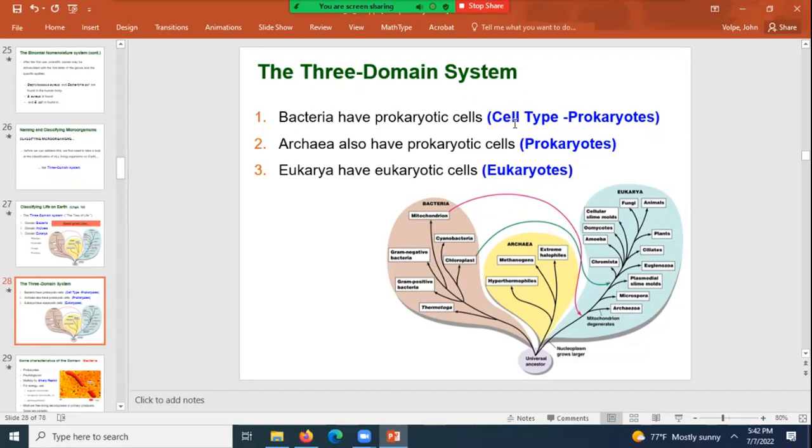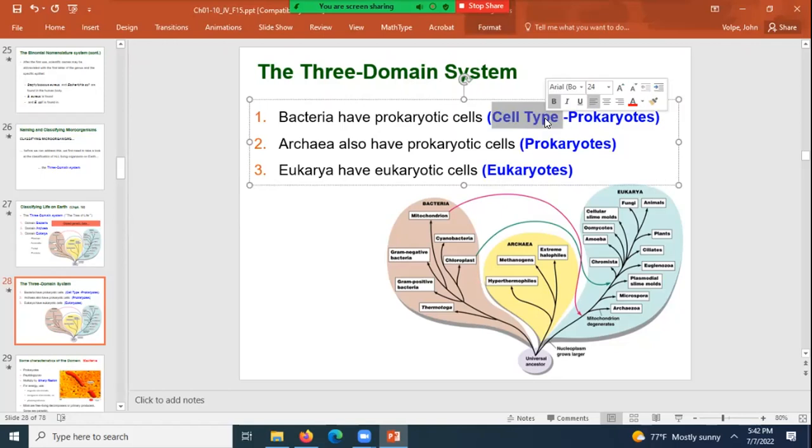Now, the cell type may be called the superkingdom. And the superkingdom is another way that people group organisms. So you first group organisms into the three domain system, and then you break it down into the superkingdom. We're not going to use that, but if ever you hear the word superkingdom, it's been around much longer than the domain system.